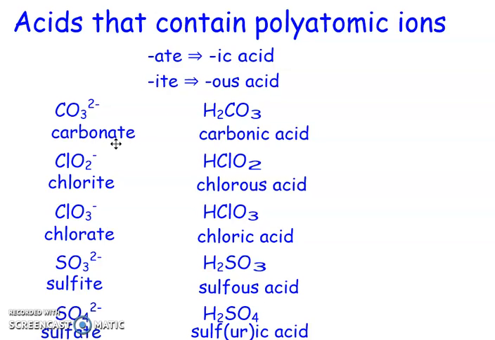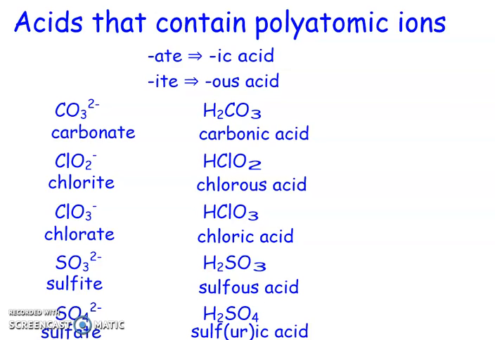So again, look up the name of the polyatomic ion. If it ends in ate, change it to ic acid. If it ends in ite, change it to us acid. When you're trying to write the formula, look at the amount of the charge, and you need that many hydrogens in order to make it neutral.